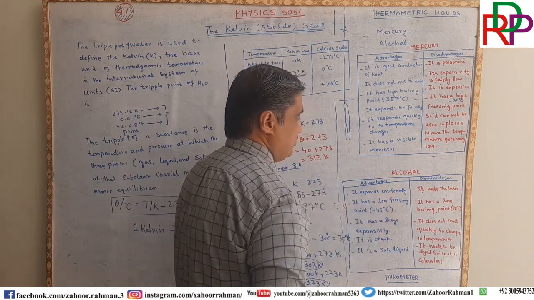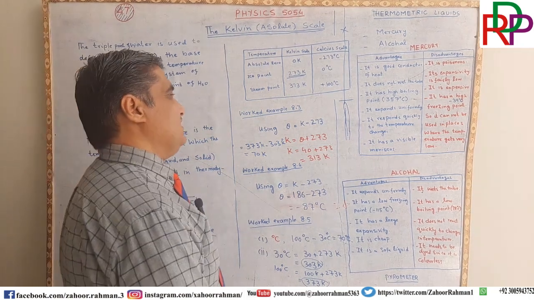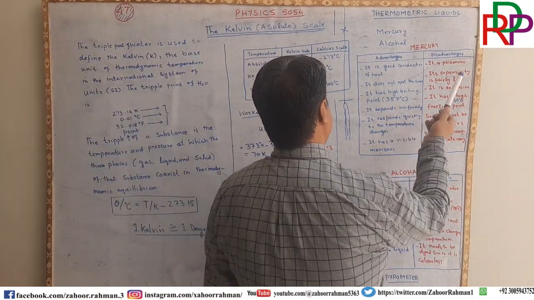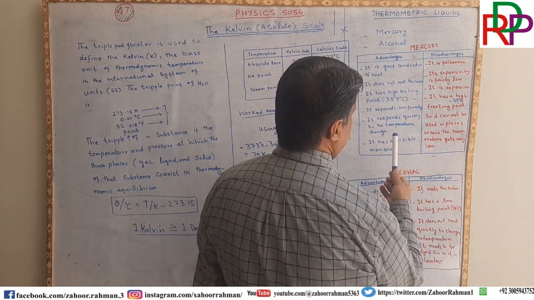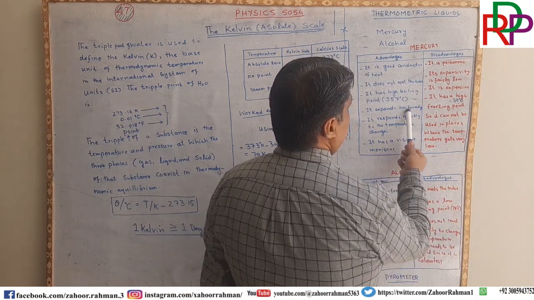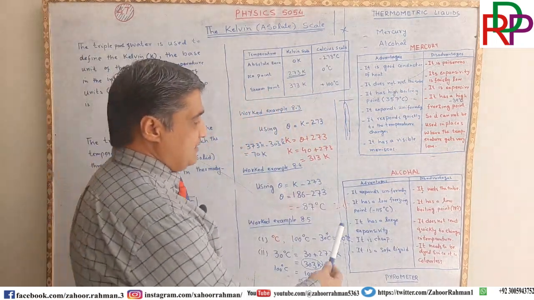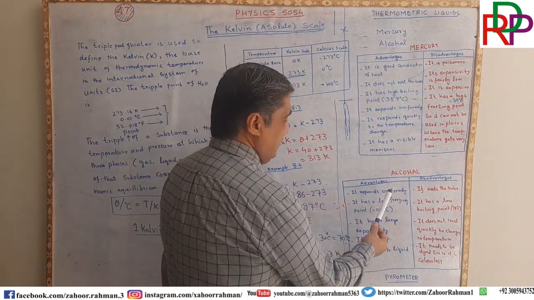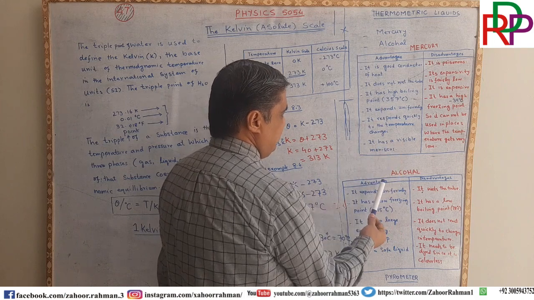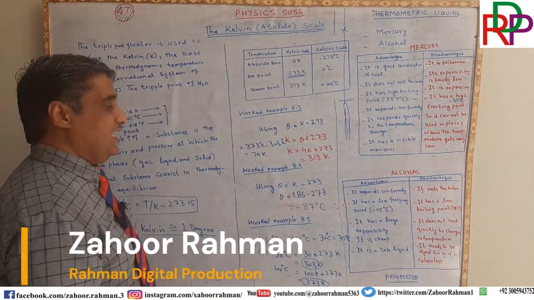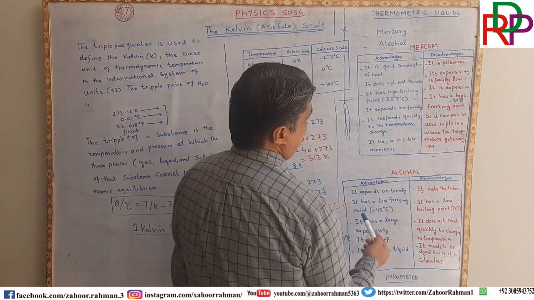It expands uniformly, just like it is expanding uniformly in the case of mercury. So it is also expanding uniformly. That is why this is common. So sometimes we use alcohol. It has a low freezing point.